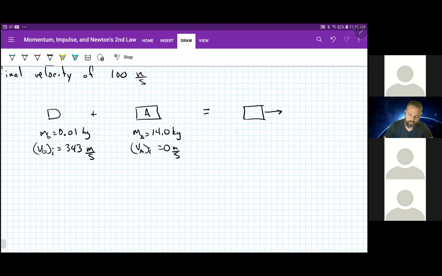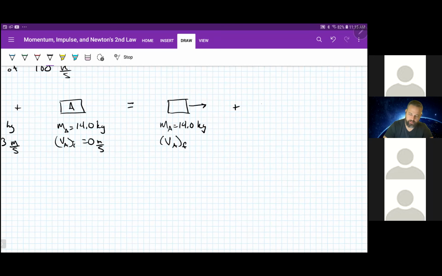The bullet slowed down because some of that energy went into the block. It's still going in the same direction because it passes through. It's still 0.01 kilograms, but its final velocity is 100 meters per second.